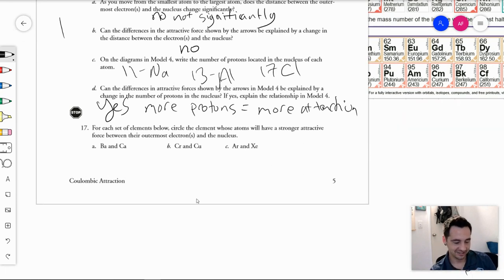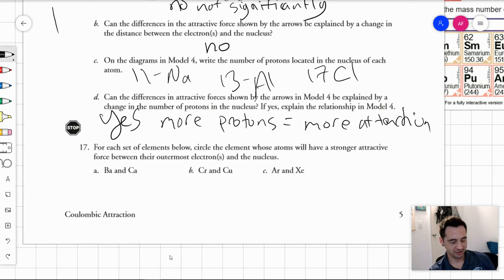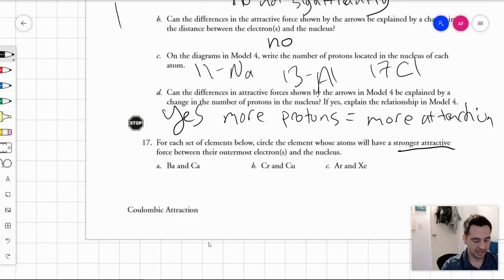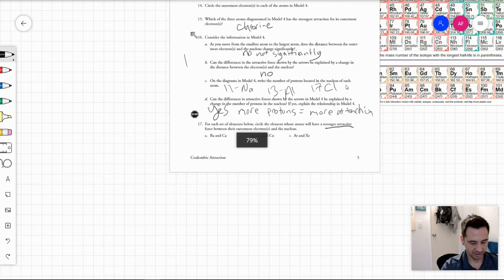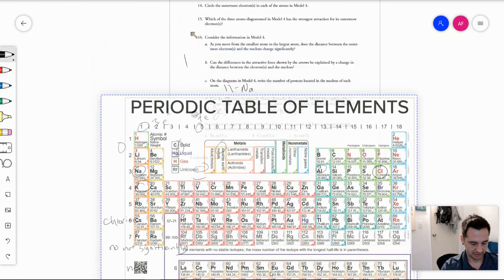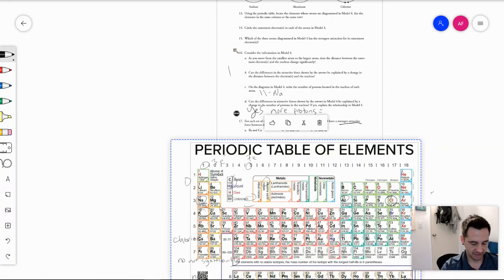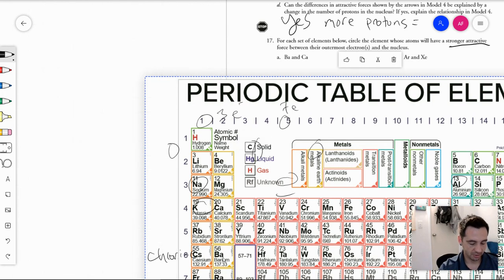Now let's look. For each set of elements below, circle the element whose atoms have the strongest attractive forces. Barium and calcium first. Let's find where barium and calcium are. They are in the same column, and barium is lower than calcium.